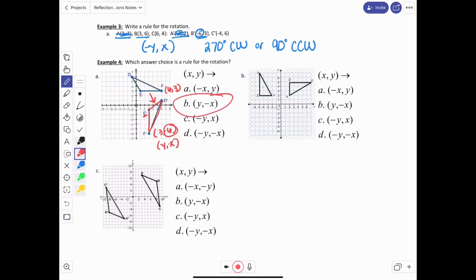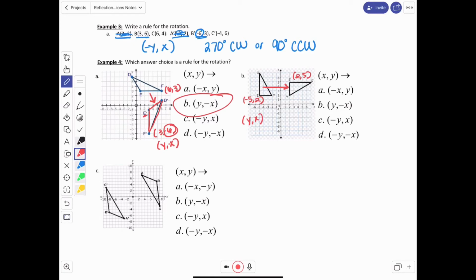Okay, so this one I went from here to here, okay? And let's do Z, okay? Z is -5, 2, and this Z is 2, +5. So I know that they switched.